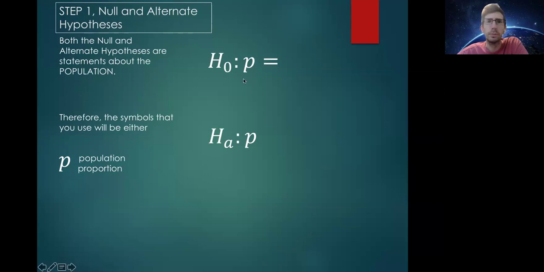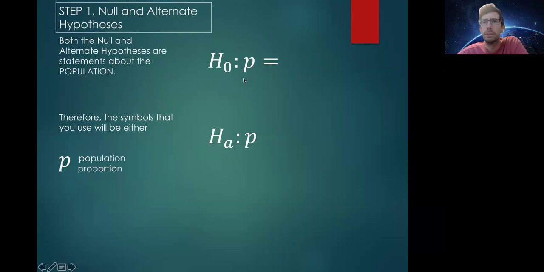So another important note, right? The null and alternate hypotheses are statements about the population, right? So in this null and alternate hypothesis, we're only ever going to put our population parameters, right?